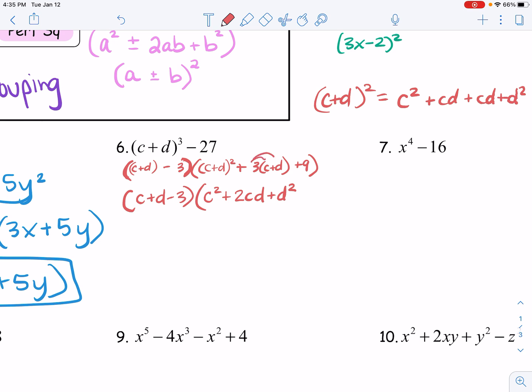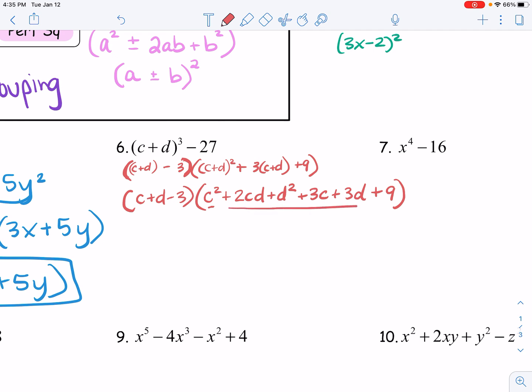Distributing that 3 gets me plus 3c plus 3d, and then plus my 9. So then I want to make sure I cannot combine any other like terms. C squared, no other c squared. Okay. CD, no other CDs. D squared, no other d squared. C, D, nothing, nothing, nothing.